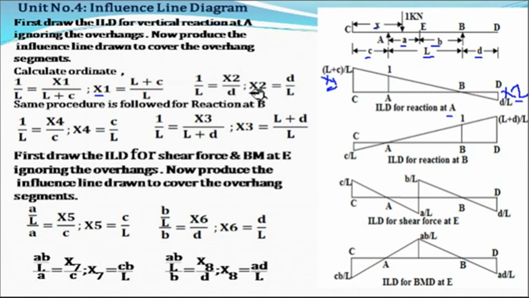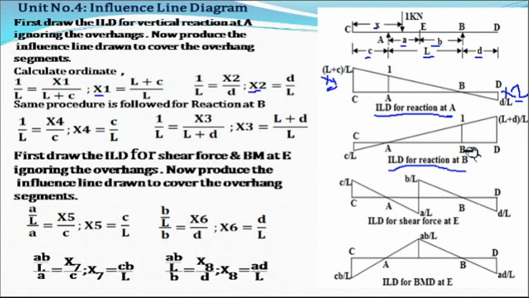So here we want the value x2, and x2 is nothing but d upon L. So we know the value of x1 and x2, and this is the influence line diagram for reaction at support A. Now the same procedure is followed to draw the influence line diagram for reaction at support B.